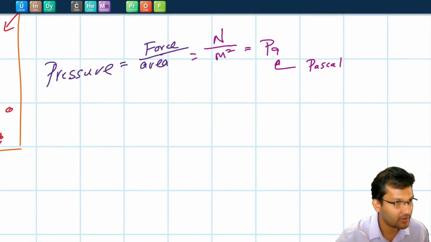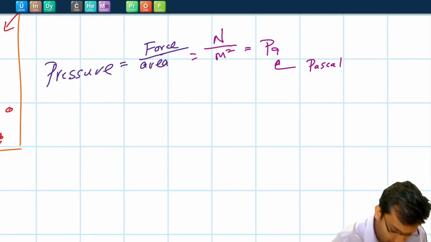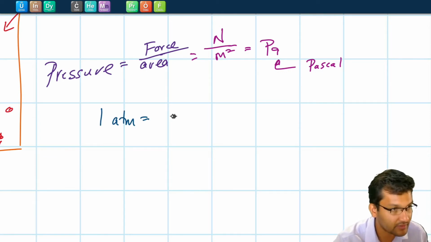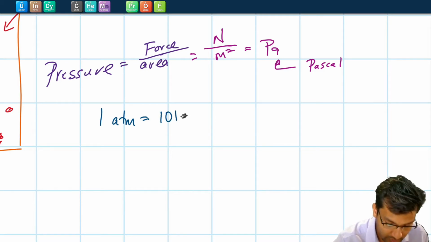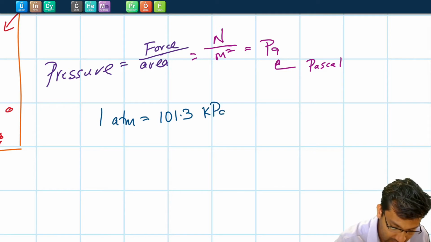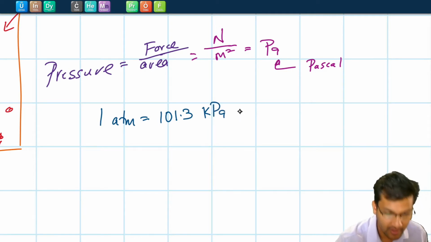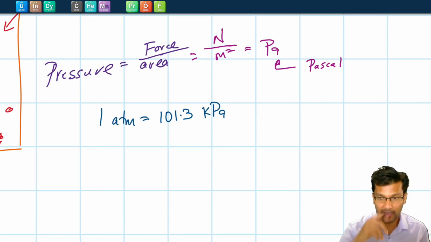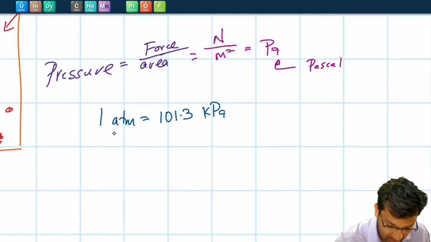The unit of pressure called the atmosphere, where 1 atmosphere of pressure is the same as 101.3 kilopascal, so that's 1,000 pascals each, because 1 atmosphere is about the air pressure at sea level, which is what we experience on a day-to-day basis.